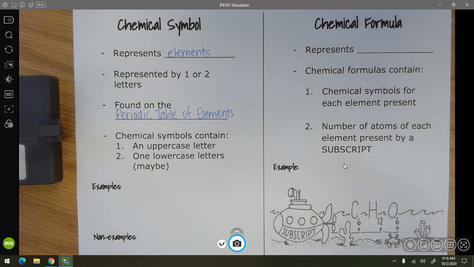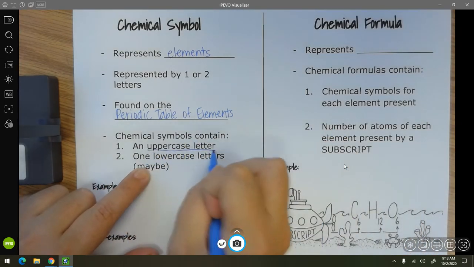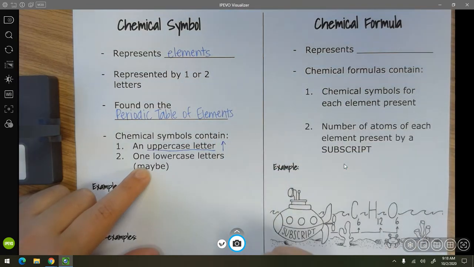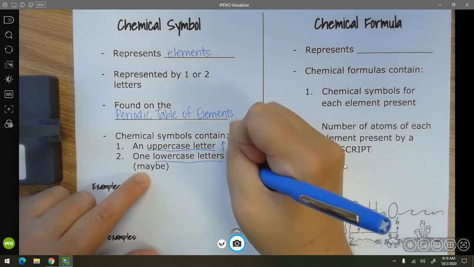Okay, so a chemical symbol always has to contain an uppercase letter, and it could contain one lowercase letter.